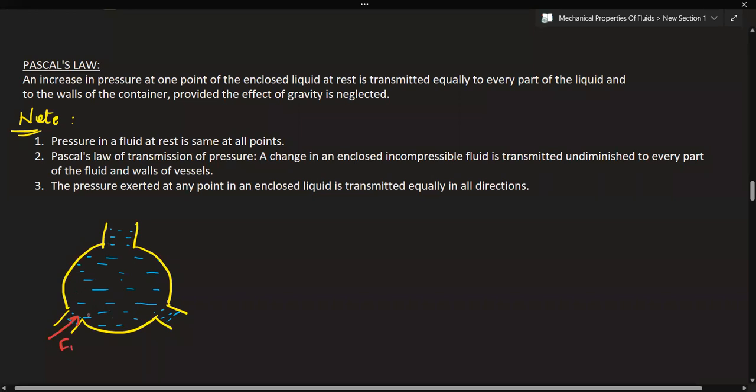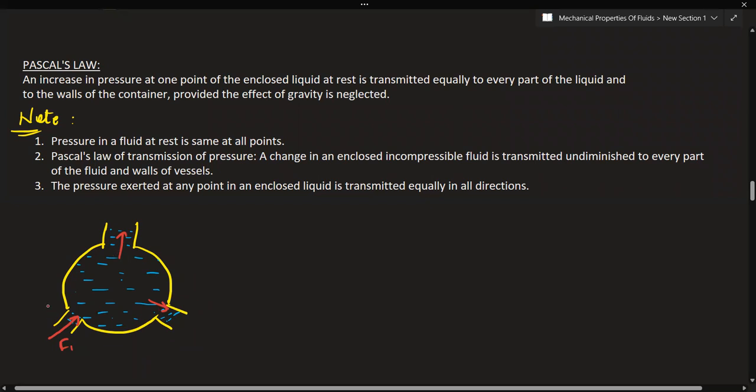If I exert a force on this, then this portion of the liquid will get a force in the upward direction. It will try to push itself out of the vessel because of this force, and the same will happen with this force. Yes or no? If you push it from this direction, won't it go out in these 2 directions? Won't it try to escape out from this because of this force? Yes or no? Yes, ma'am.